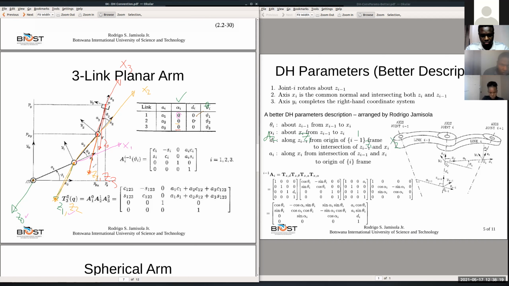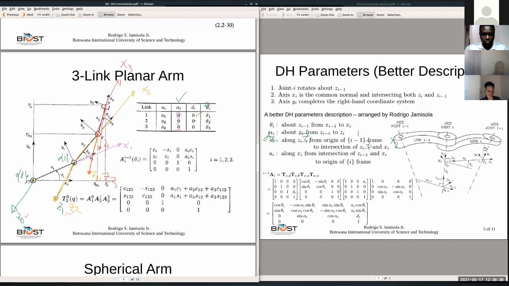Where's origin of frame 1? Origin of frame 1 is here. This is frame 1, remember? Frame 0 is here. So this is origin of frame 1, to the intersection of Z1. Where is Z1? Z1 is this.